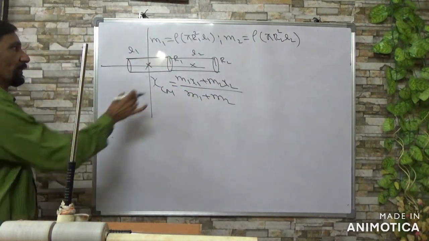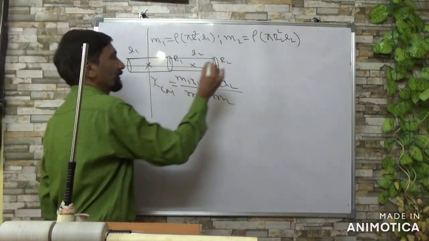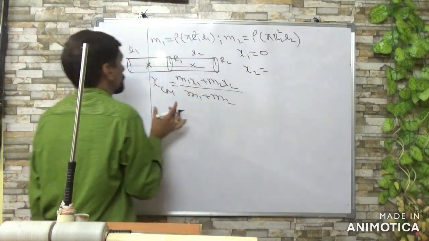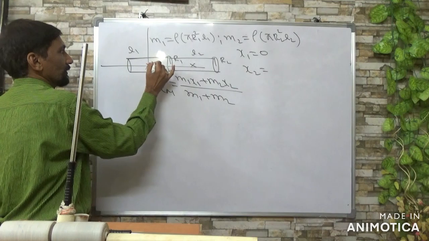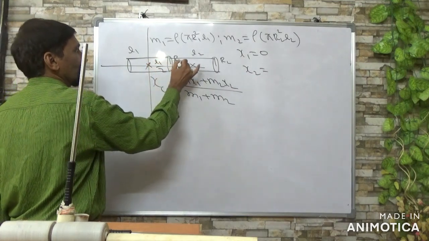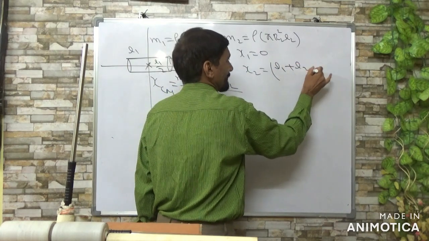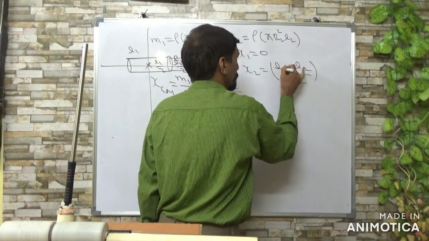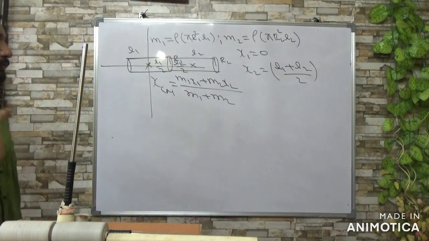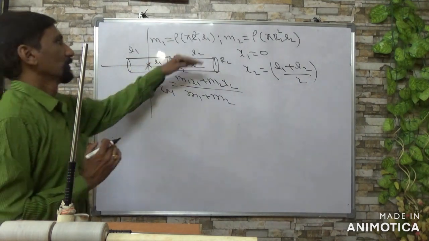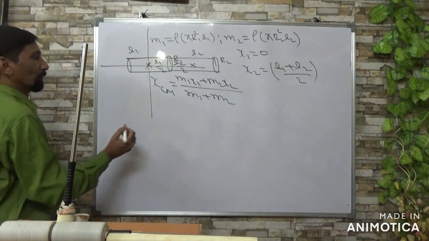Now x1 is at the center, the origin, so x1 is 0. For x2, this part is half of the length, and together it is L1 plus L2 by 2, that is x2. So x1 is known, x2 is also known. You can substitute in the formula.